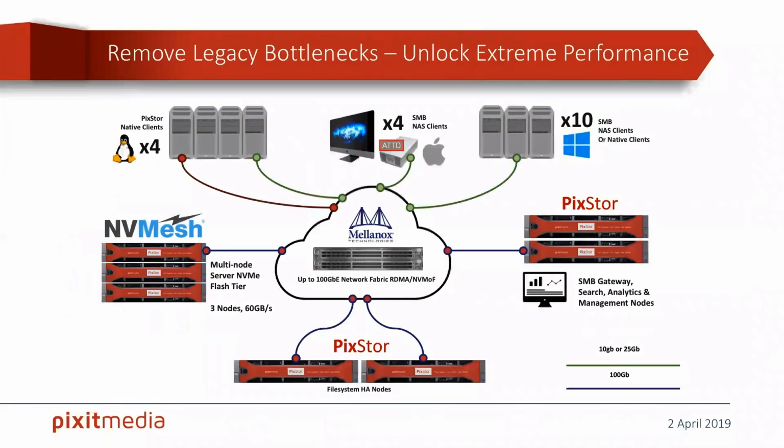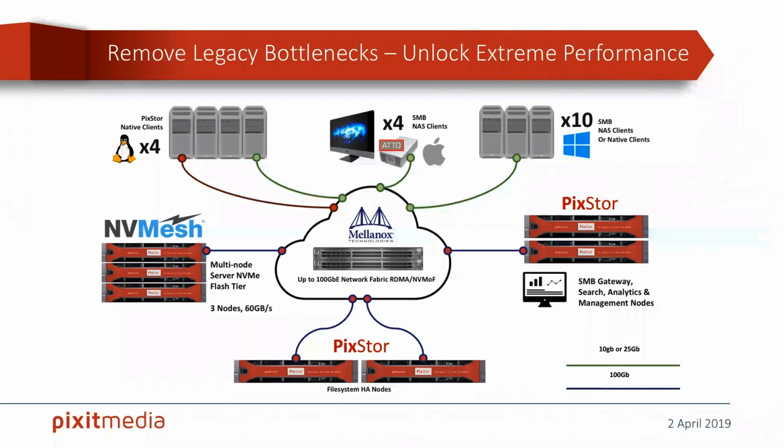So let's illustrate that. By removing legacy bottlenecks, we can unlock extreme performance. So this is a typical architecture technology layer where Mellanox fabric is the center of everything. Normally one thinks of storage as the center of the workflow, but in this case, an Excelero and Pixit Media architecture takes the view that with Mellanox in the center as a 100 gigabit Ethernet fabric, all kinds of possibilities and workflow emerge.